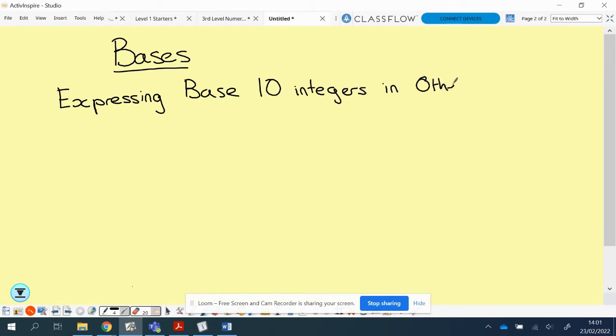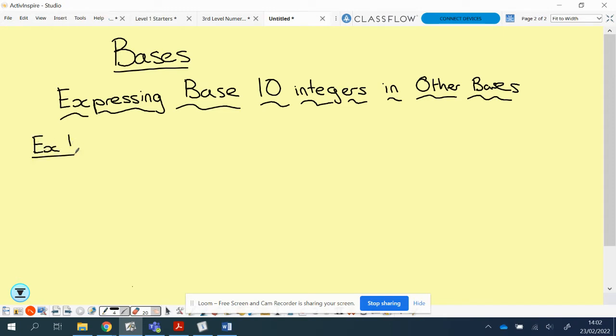We're going to look at how we do it into other bases. And then the second part is going to be, if we start with a number in a different base, how do we get it into base 10 again, which is like the normal number we use. So we're just going to go straight into an example, and I'll show you how it works.